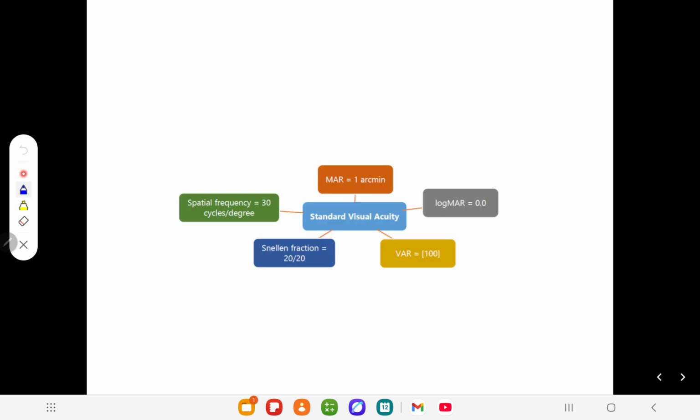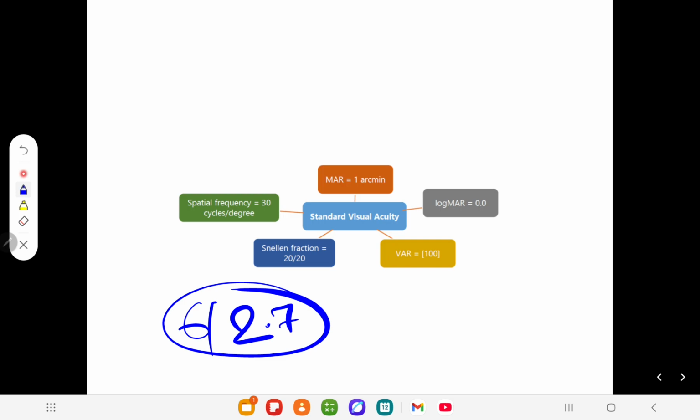Standard visual acuity is not what is achievable. It's always greater than the standard, because I think humans have a capacity of 6/2.7. I think I read it in Adler's Physiology of the Eye, but I'm not sure.